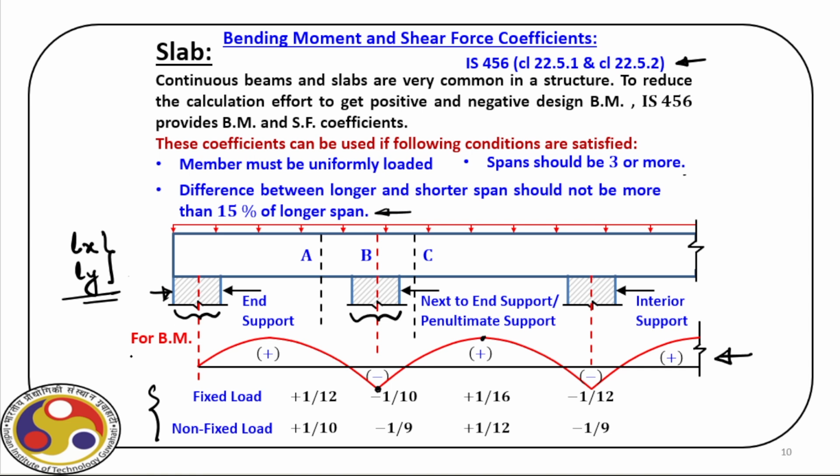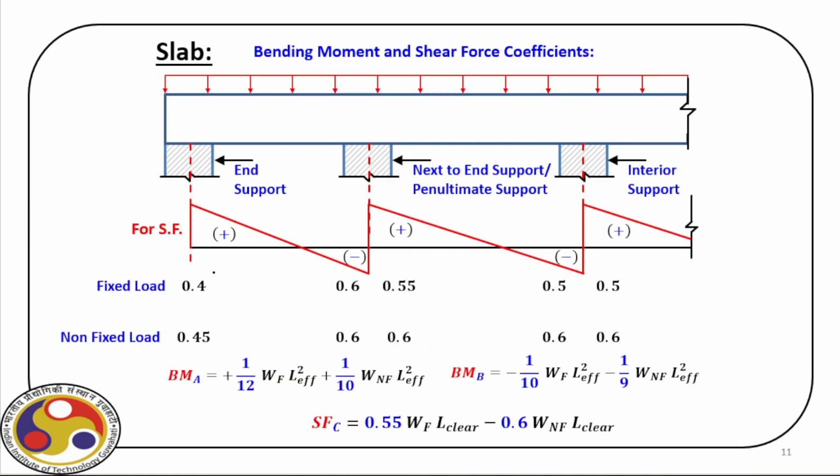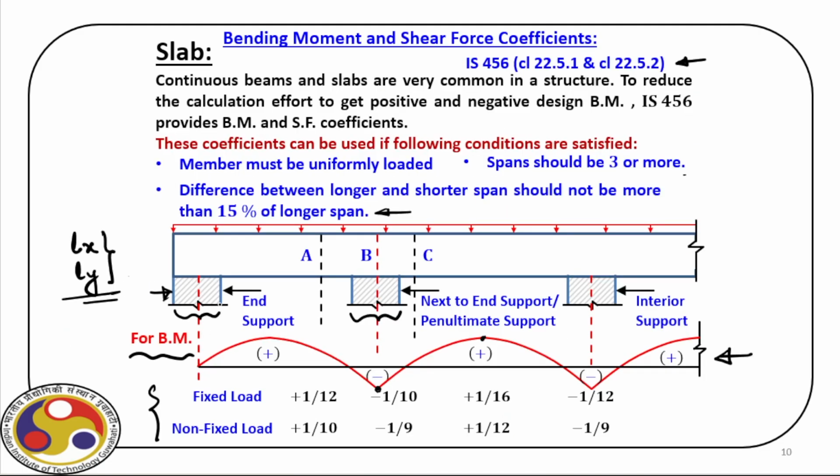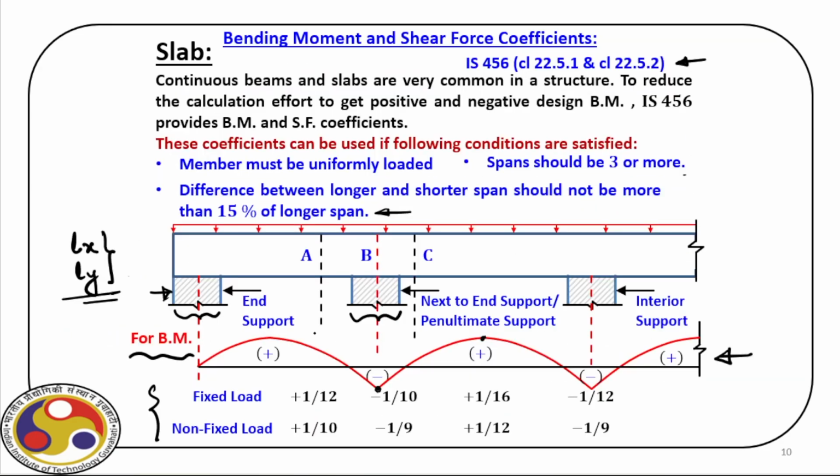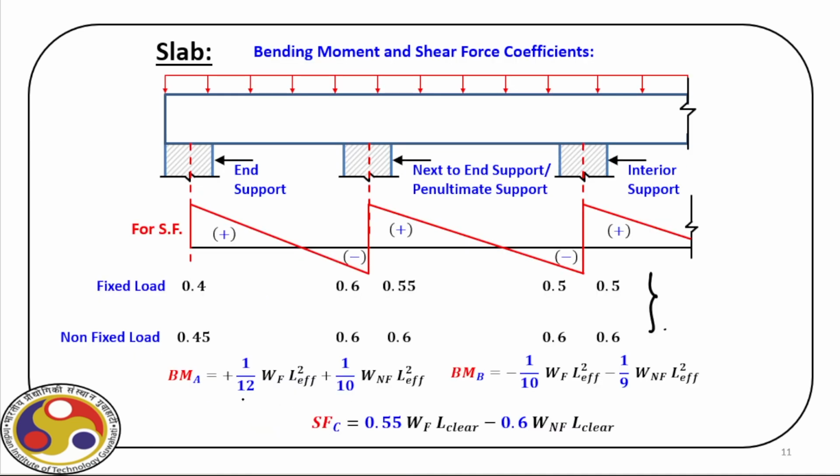As you can see, we have bending moment here. If we go for shear force, again we have similar coefficients using which we can find out shear force over these supports and its variation as we go from one span to another span. So if we take an example here, we have this bending moment at A. What is the coefficient? You can see here 1 by 12. So we use 1 by 12 WF times L effective square.